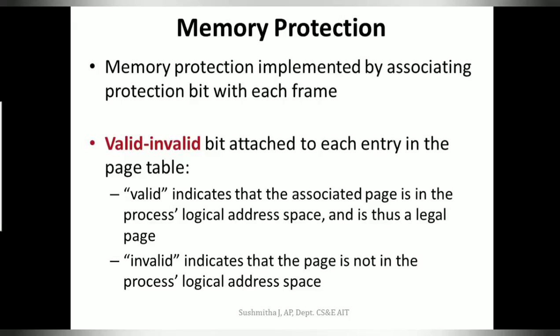Now if I say process 1 is allocated pages 1, 2, 3, 4, 5, process 1 should be accessing only 1, 2, 3, 4, 5. If process 1 tries to access any other page, that shall be indicated by this valid and invalid bit. So that is the memory protection implementation by the protection bit.